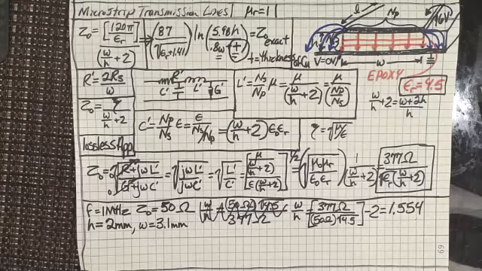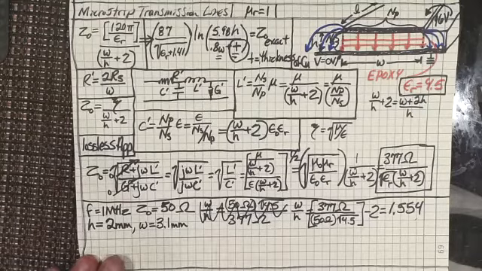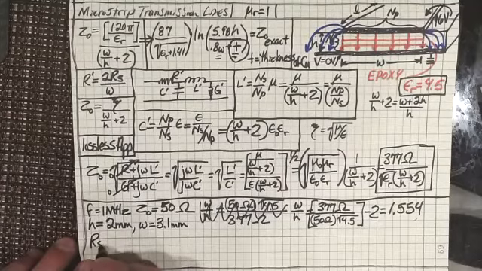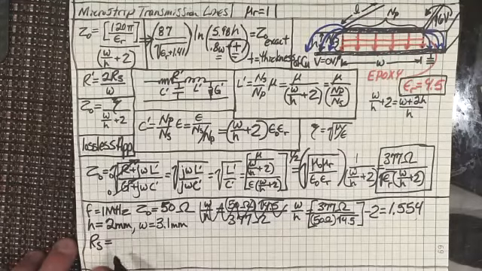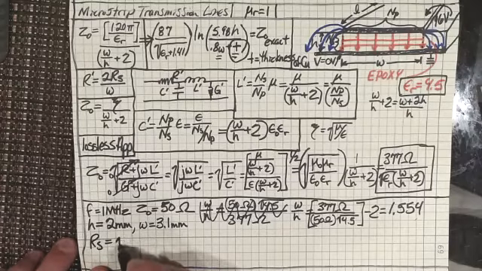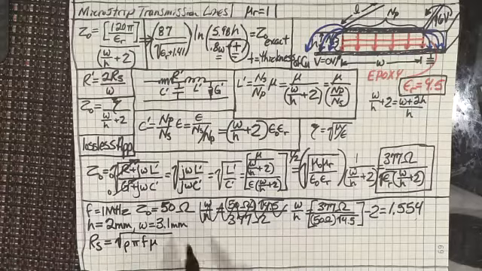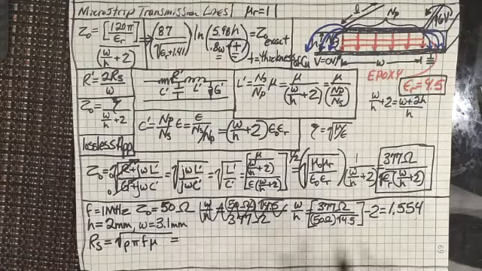Now, we've got all those. Let's figure out what R sub s and R prime is. R sub s is just going to be the square root, and I've written this out before, and I'll write it out again, of pi times the frequency times the permeability of the conductor divided by sigma, right?